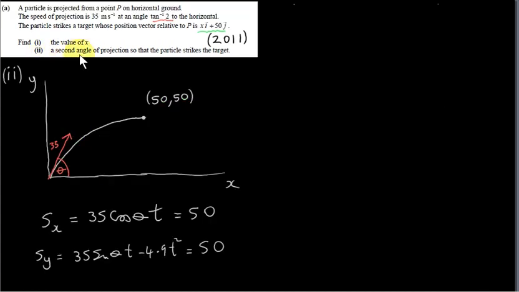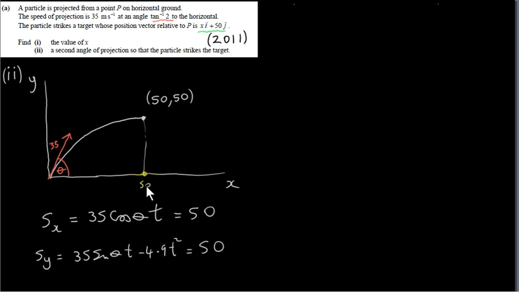In part 2, we want a second angle of projection so that the particle strikes the target. So the speed is 35, and theta is some angle of projection. Here is the trajectory. The target is located at the point with coordinates 50, 50, as we saw already. So let's look at the x position of the target.